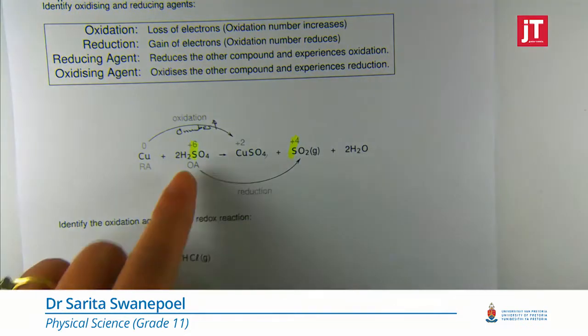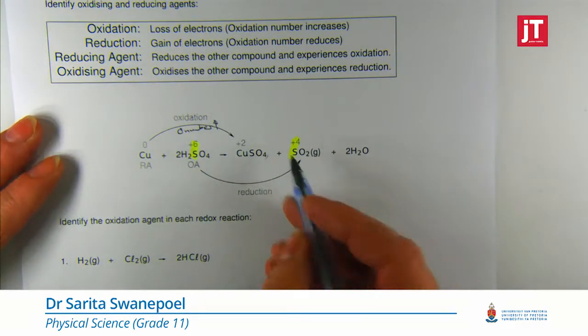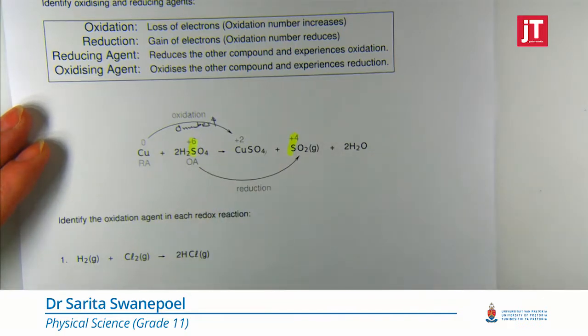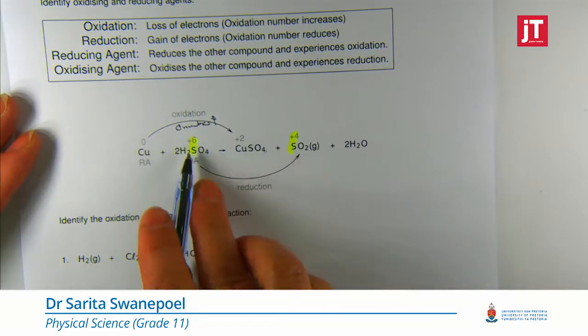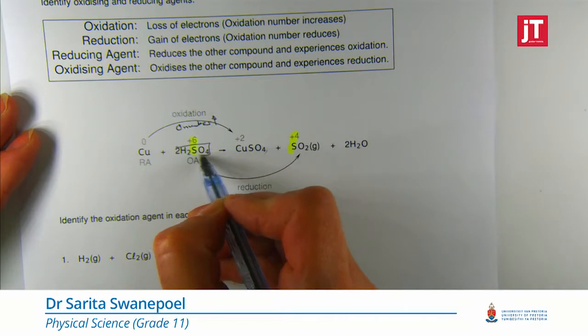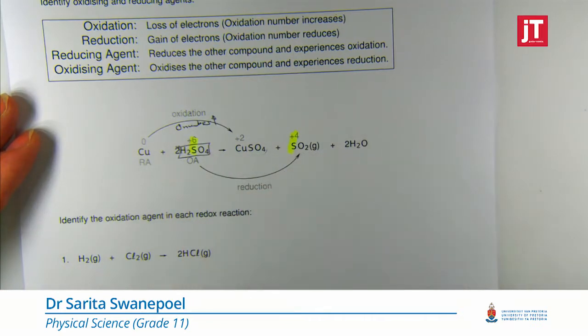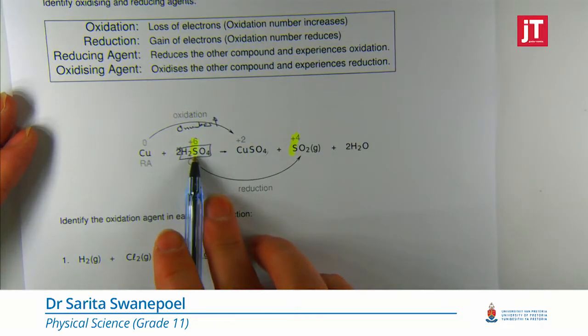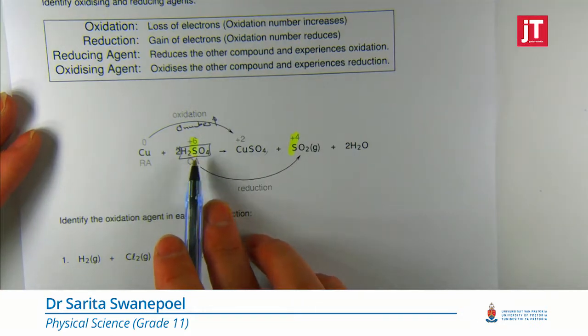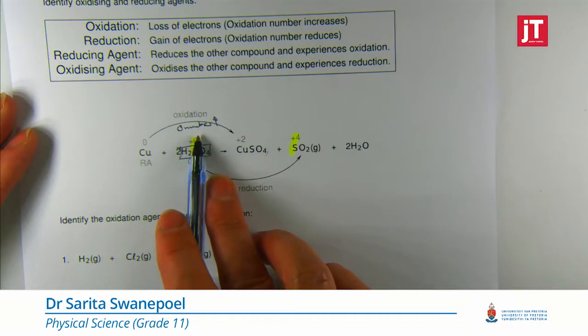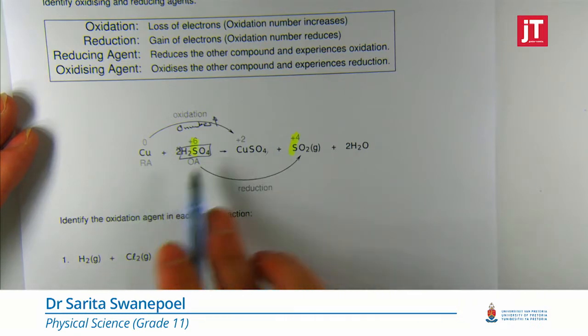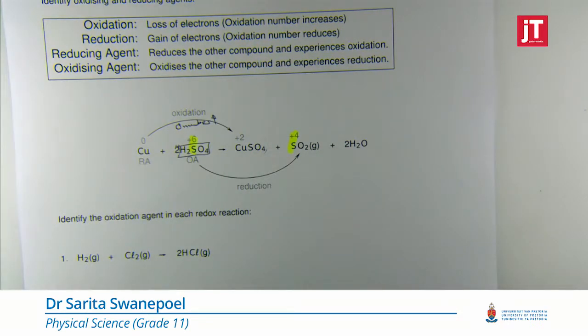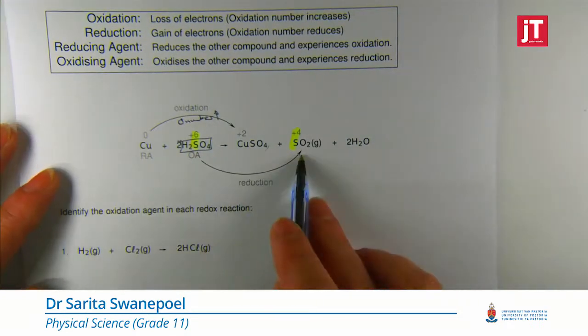So +6 to +4, the oxidation number reduced, and therefore we say H2SO4 is reducing. You don't say the sulfur reduces, right? The sulfur would not have been +6 if it was not bonded to the other things. So it is the whole thing that is going to be reducing.